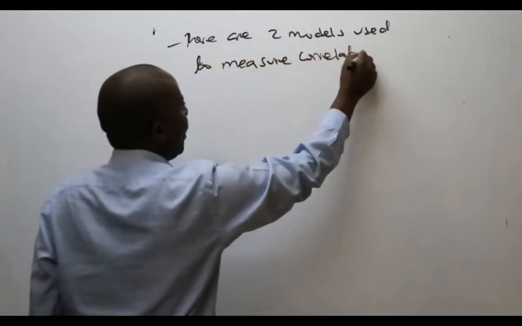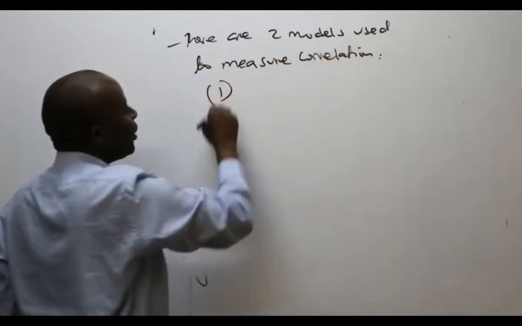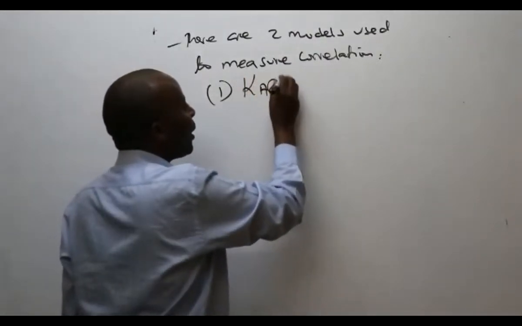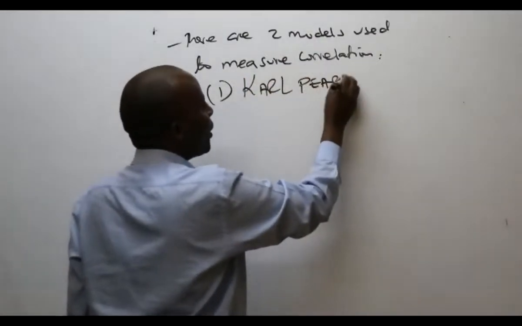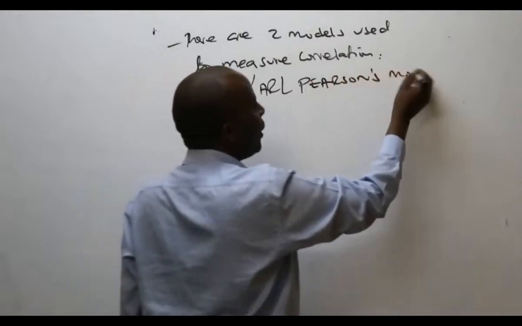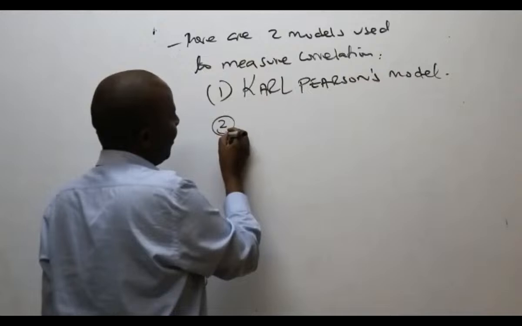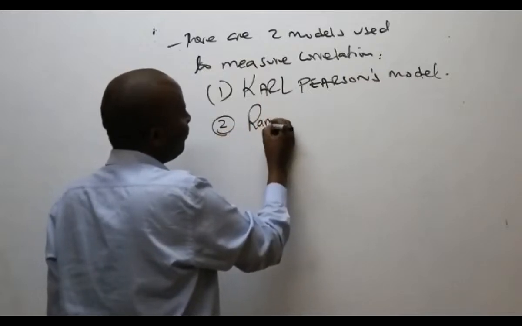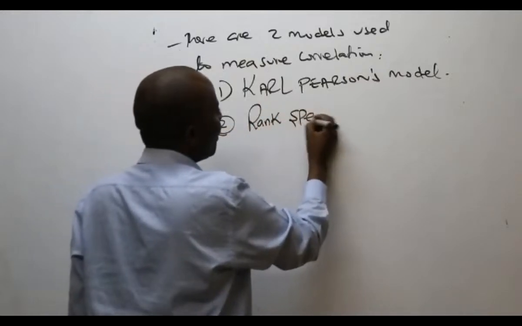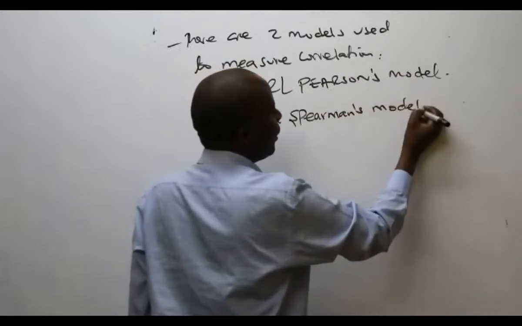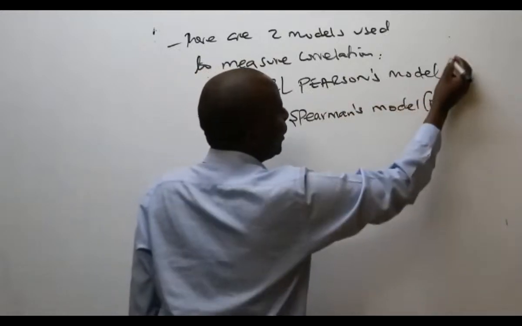Number one, we have what we call the Karl-Pearson's model. And then number two, we have the Rank-Spearman's model. Both of them are denoted with R.